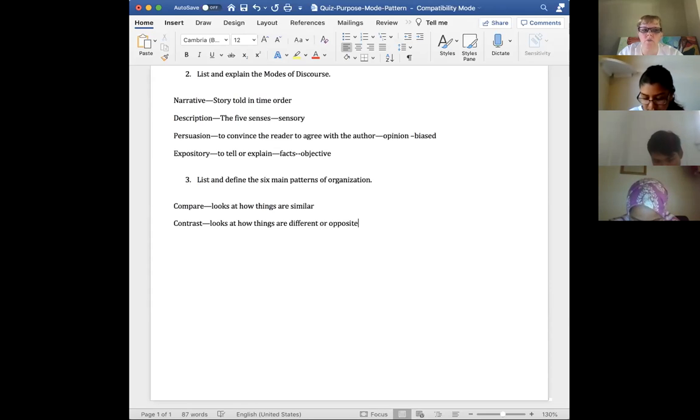We say the word compare a lot when we mean contrast. So if you're looking at two products that are the same product, but you're looking at two brands and you're looking at the price to see which one you want to buy, you are actually looking at how those two things are different, right?